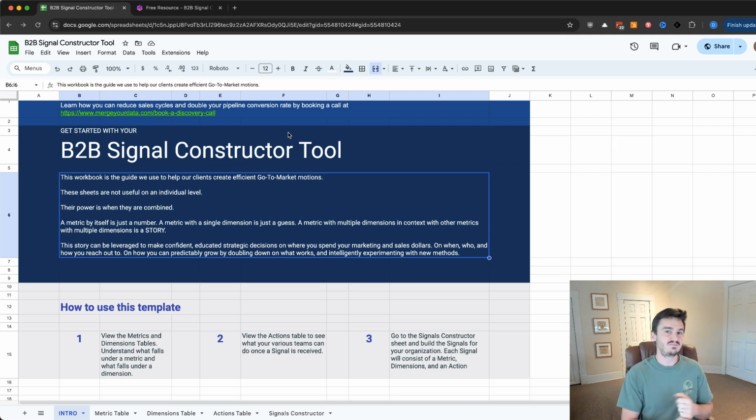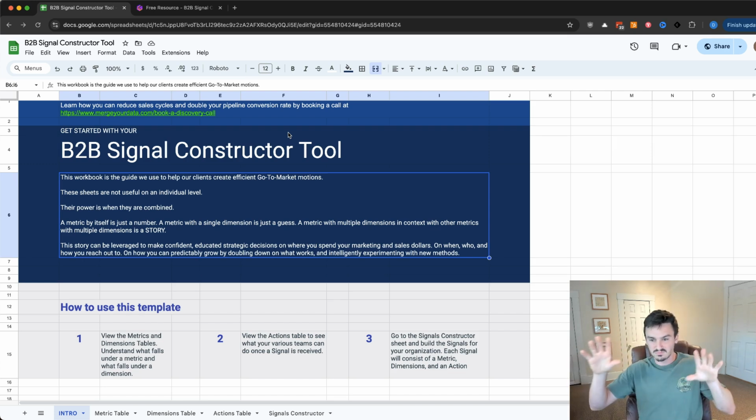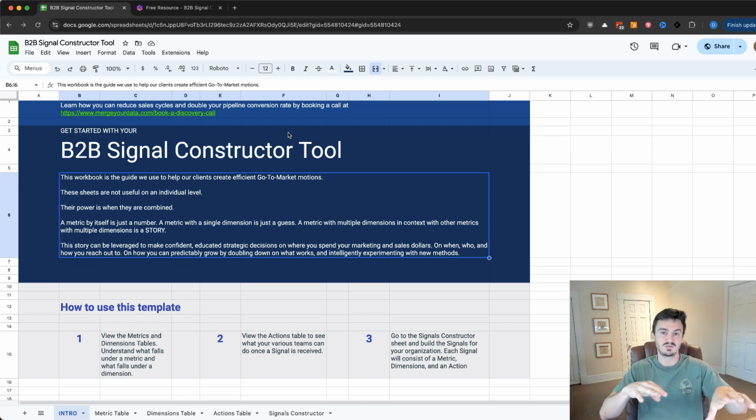We see that a specific channel, company size, department size, and product type that you're selling leads to a low lifetime value, but you have almost no churn. Combining those together, we now have part of a story. You can even pair that with your lifetime gross profit, and now you have those 3 metrics together with the same dimensions, and you have a real story to tell, and you can know exactly what you're going to do next. That's what we're doing with this tool here.